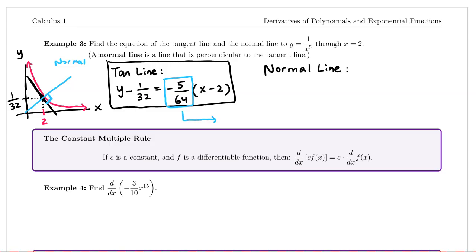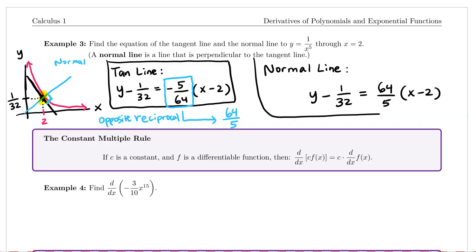The opposite reciprocal of that is 64 over 5. So we take the reciprocal and we also change the sign from negative to positive. And we still see here that our normal line is still going through the point 2 comma 1 over 32. And so our equation is y minus 1 over 32 equals 64 over 5 times x minus 2.